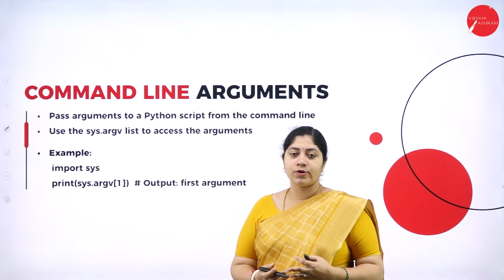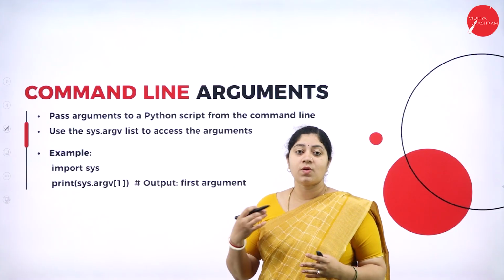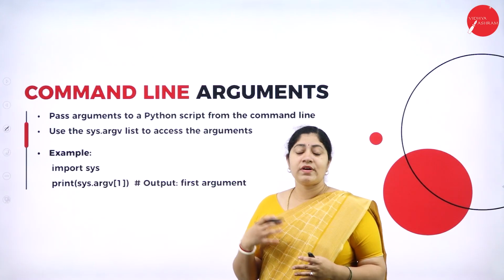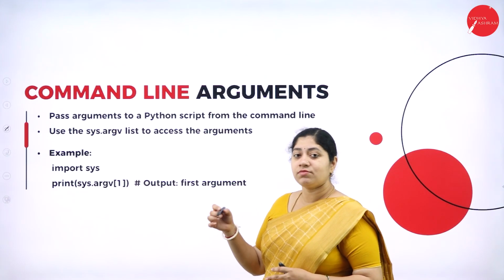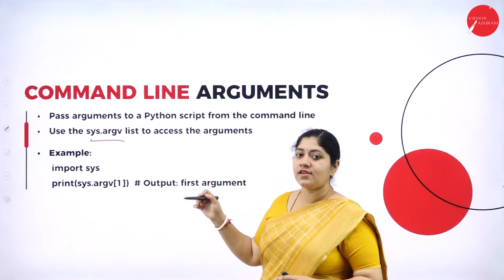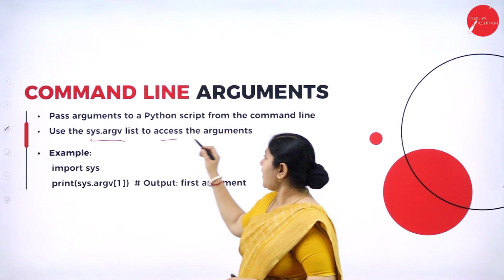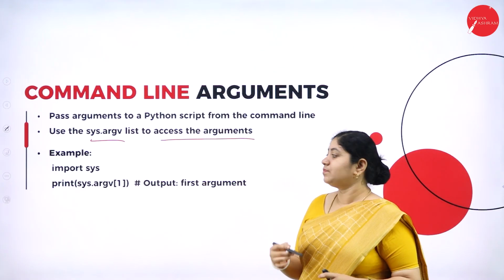The next type of argument is command line argument. It is used to pass arguments to the Python scripts from the command line, and we use the syntax sys.argv in order to access the arguments.